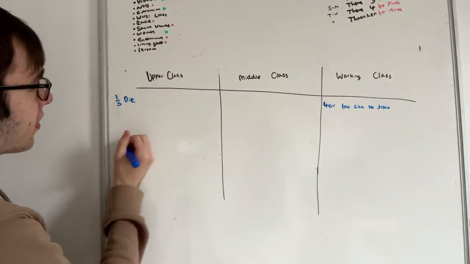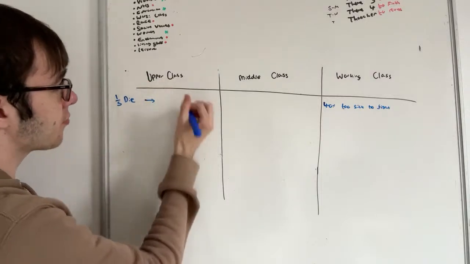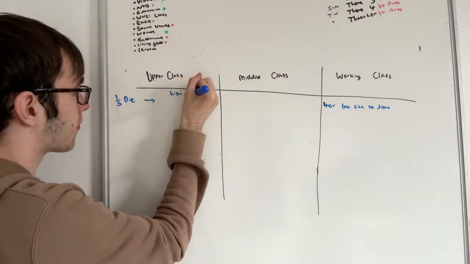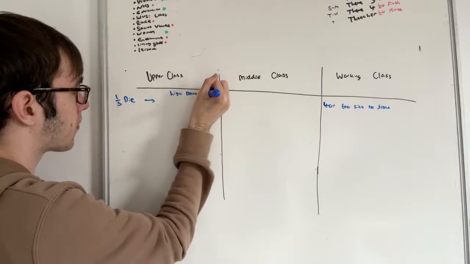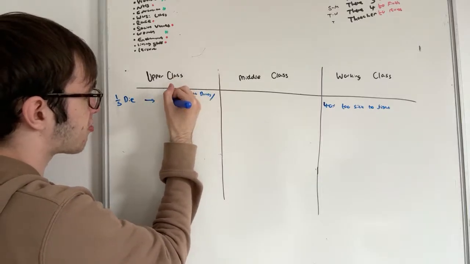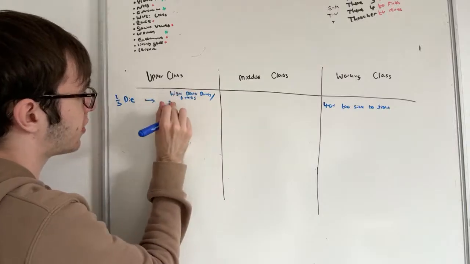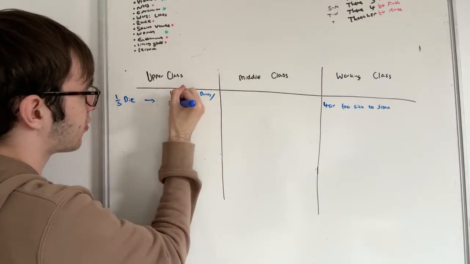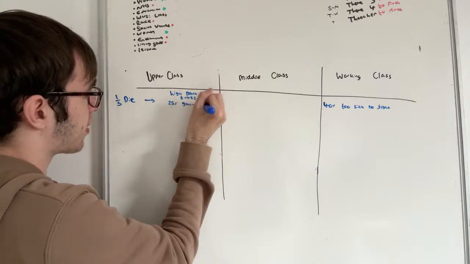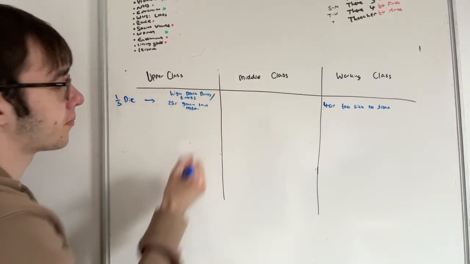So 1/5 died during the war, and after the war, they face higher death duties and taxes, which leads to 25% of gentry land becoming sold by 1920.